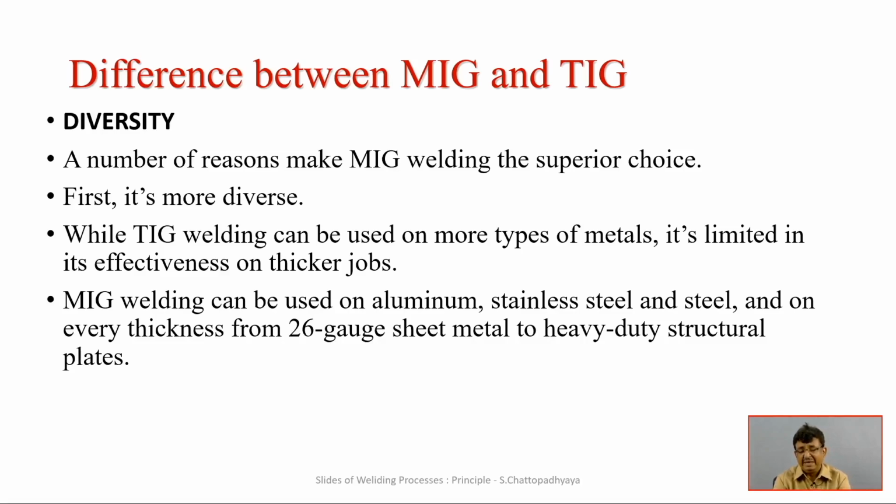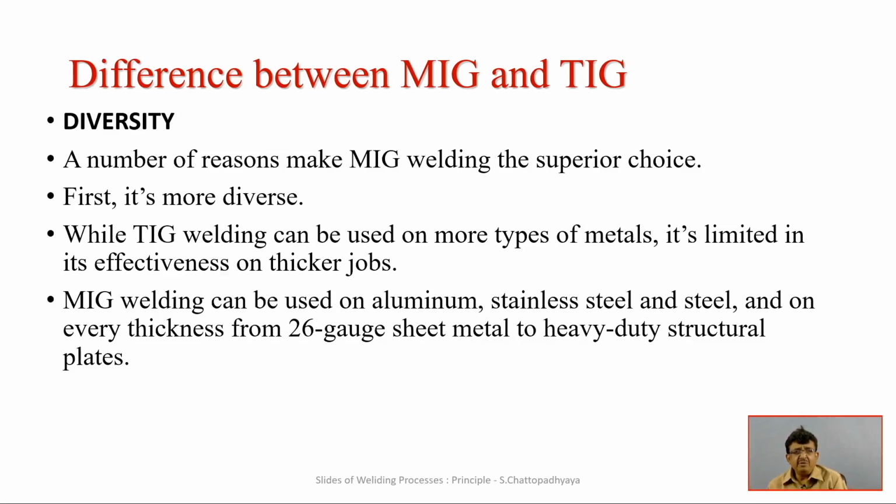Thicker job, MIG. For a finer job, the TIG welding machine will give a better surface finish and bead geometries in comparison to MIG. So where precise positioning and similar requirements exist, people use TIG.